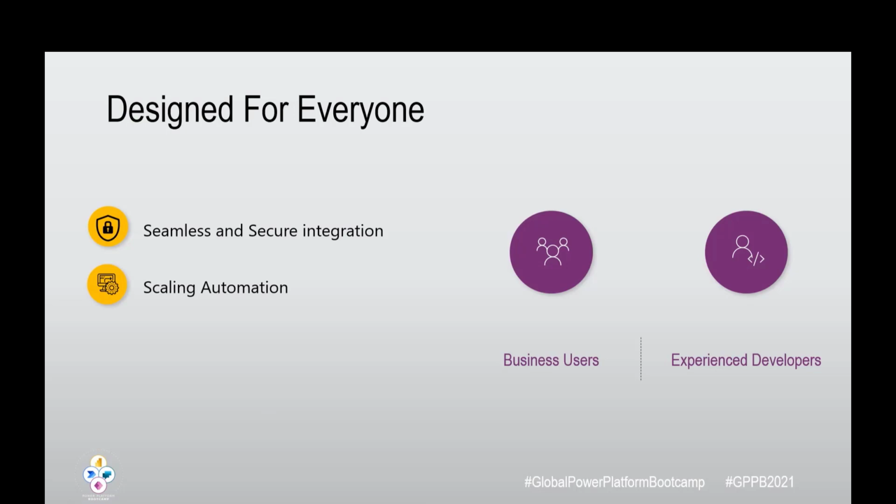Next is scaling automation. It can scale automation efficiently across the organization. It allows everyone to create automations, and for a single automation, multiple people can come together and create it in a collaborative procedure.